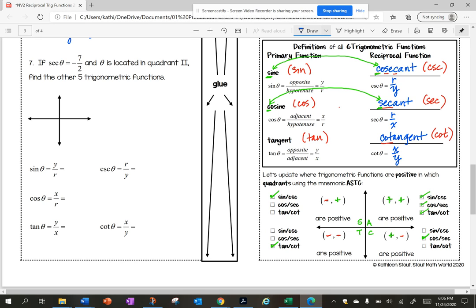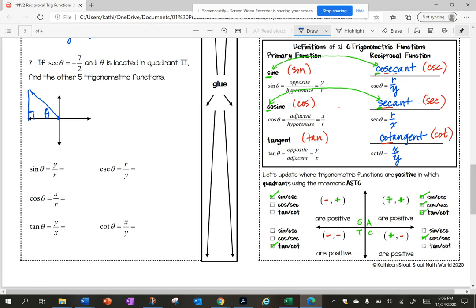Okay, so I am first drawing my triangle in the second quadrant. So that's what the directions say. Okay, the right angle is always perpendicular to the x-axis. Theta is always over by the origin. My radius is the hypotenuse.